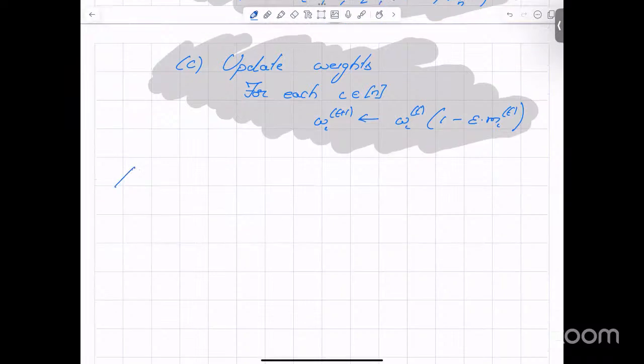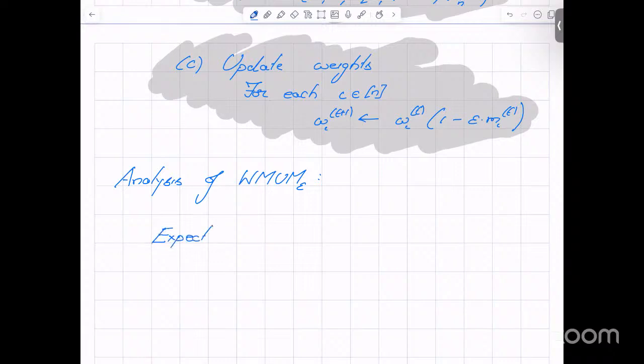So what we want to analyze is the expected loss of the algorithm. Let's notice it's a randomized algorithm.